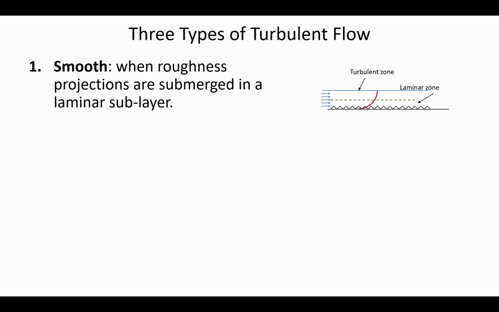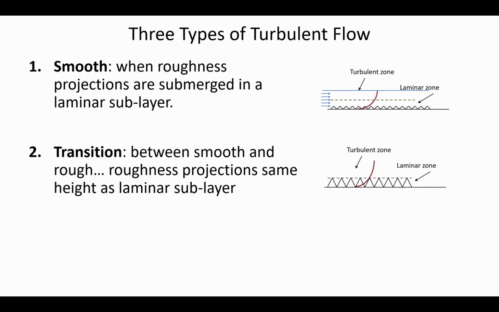That almost seems like a contradiction in terms, doesn't it? Smooth turbulent flow. But what we mean by that is that, whether it's concrete or pebbles, whatever, the water's moving slow enough that these projections of the roughness elements are fully submerged in the laminar sublayer. So that's smooth.